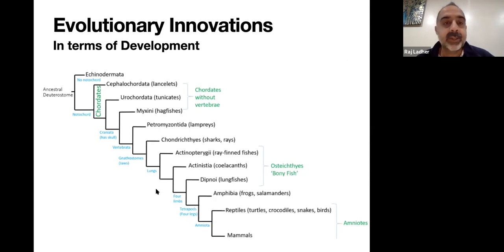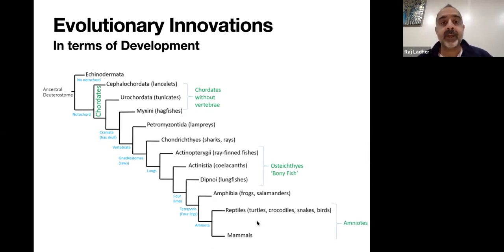Okay, so the history of vertebrate evolution is all about the innovation of various bits of the vertebrate, things like jaws, things like lungs, things like 4 limbs, tetrapods, and things like the amnion.